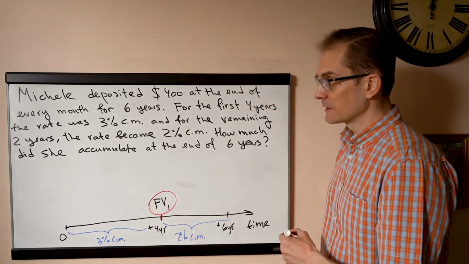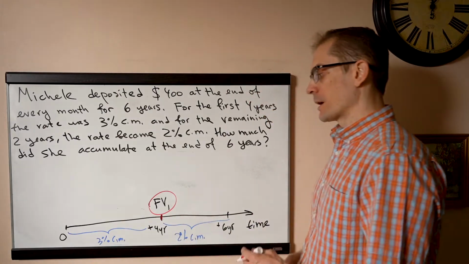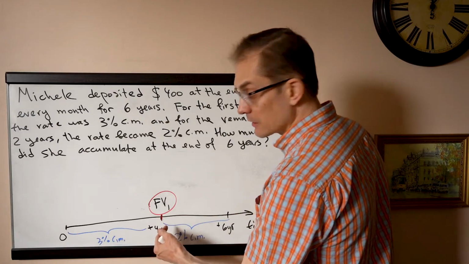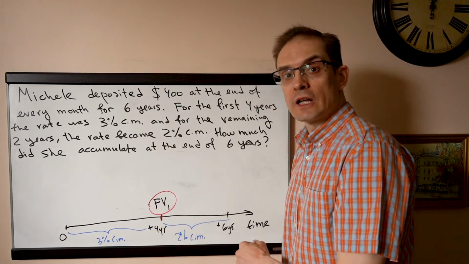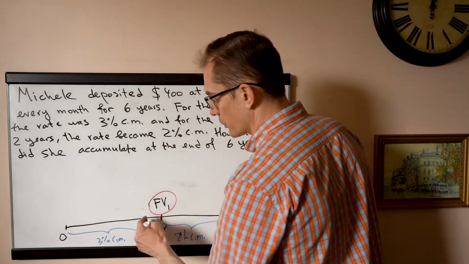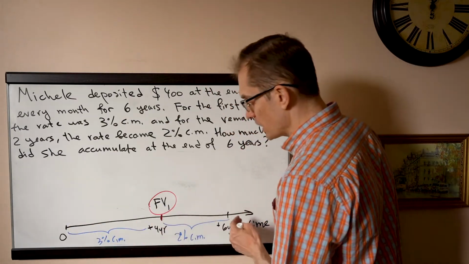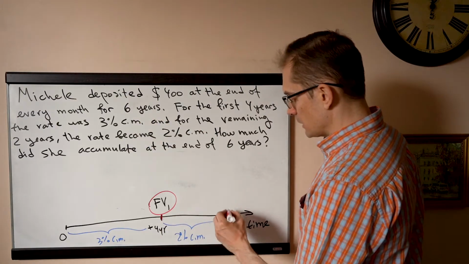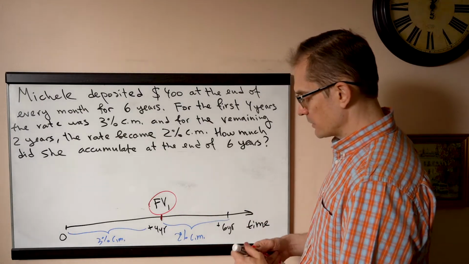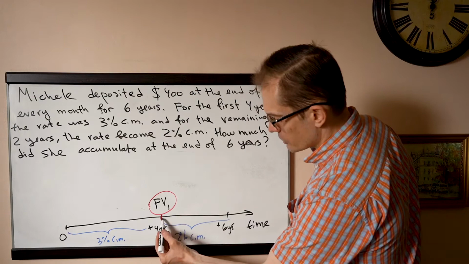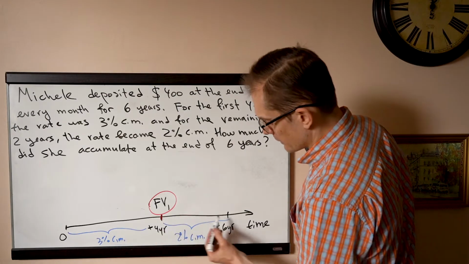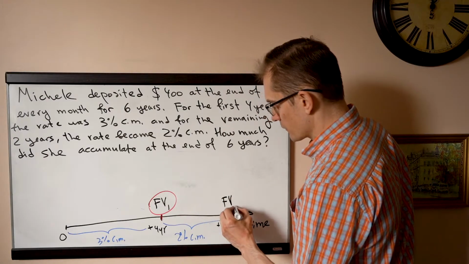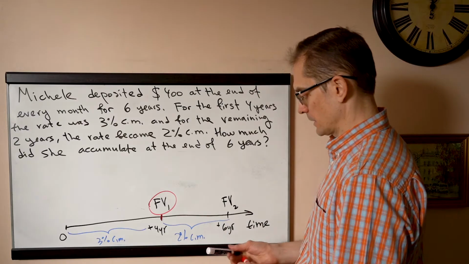What that means is that Michelle, when she waits for 4 years, if she actually checks her account at the end of 4 years, she will see future value 1 there, which is the future value of her first annuity. But then when the rate changes, she will continue paying her $400 at the end of every month, right? So then at the end of 6 years, that second annuity, which is active from the end of 4 years up to the end of 6 years, so that second annuity will result in future value 2. Okay.